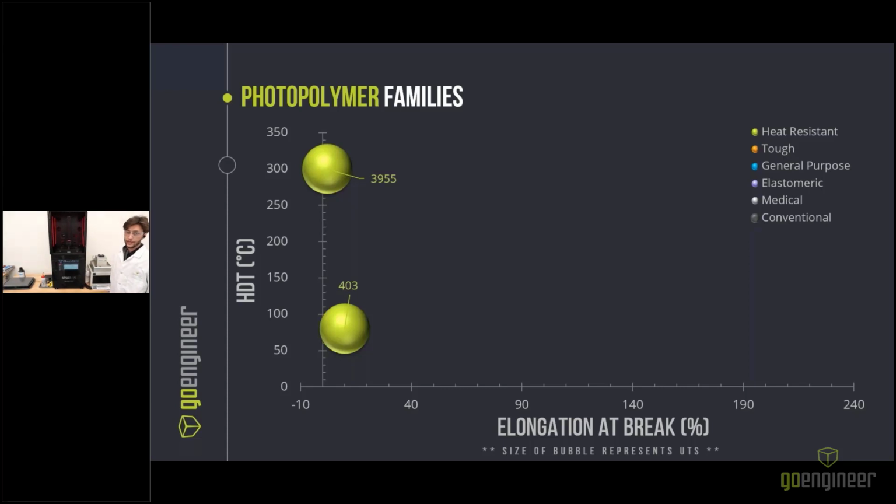This is extremely high, giving it room to be used in a lot of different industries. Additionally, this material has a flame, smoke, and toxicity certification. It can be sterilized and used in chemical environments.